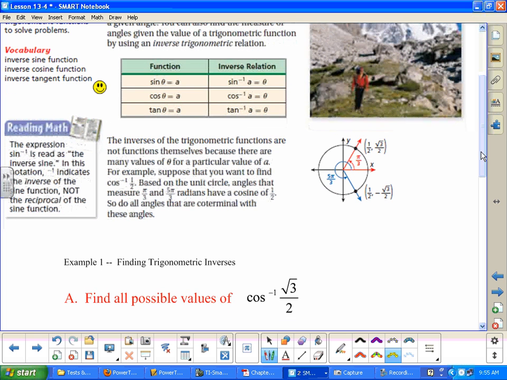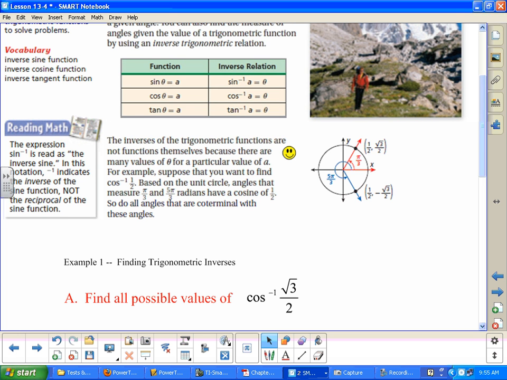Now, the inverses of trigonometric functions are not functions themselves because there are many values of theta for a particular value of a. In other words, our domain for sine and cosine is all real numbers, but the range for them is limited between -1 and 1.